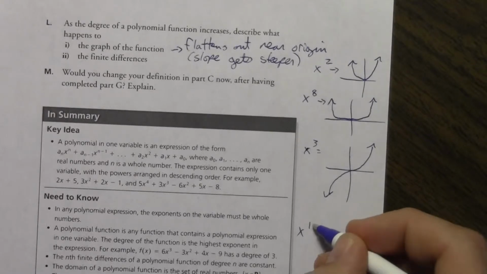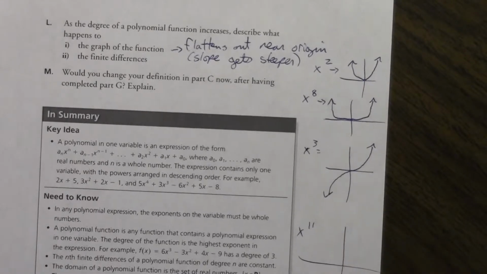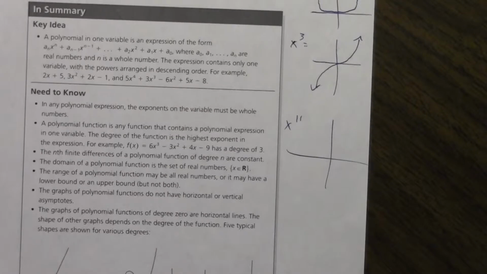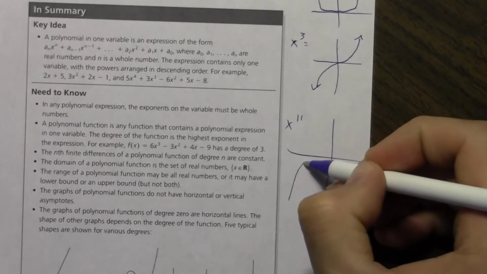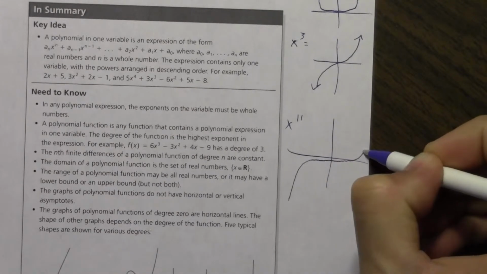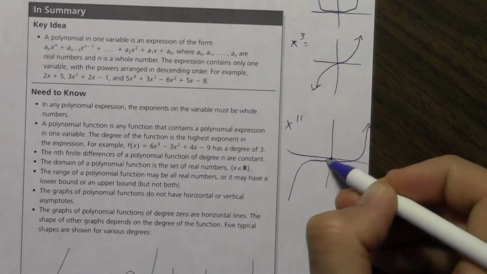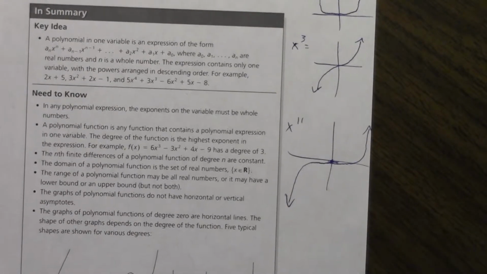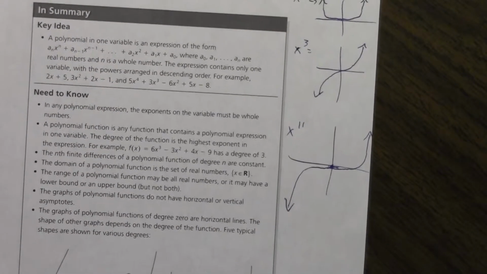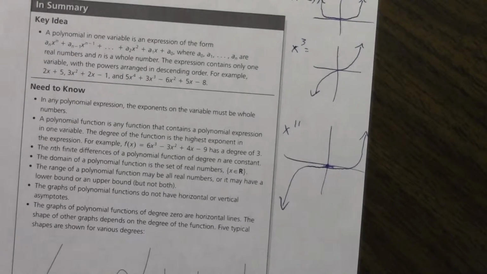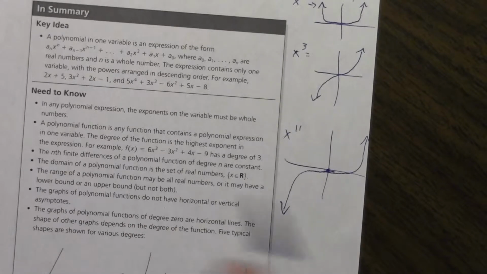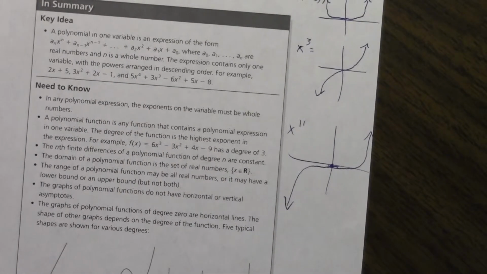And x to the 11 would look like this. That, of course, passing through the origin. Okay, what happens to the finite differences? The finite differences become the same at the exponent, which we've gone over like 3 or 4 times now.